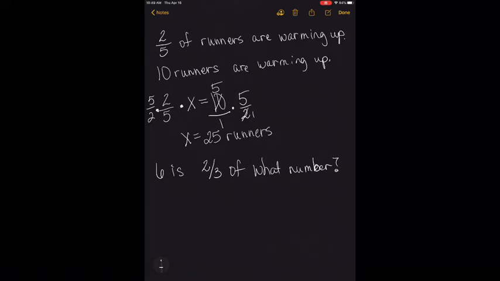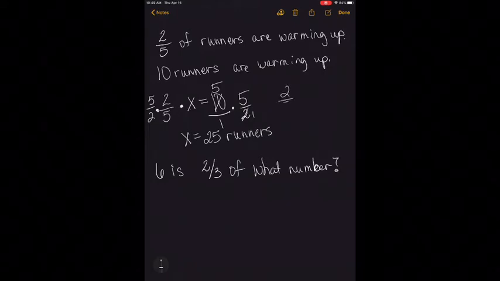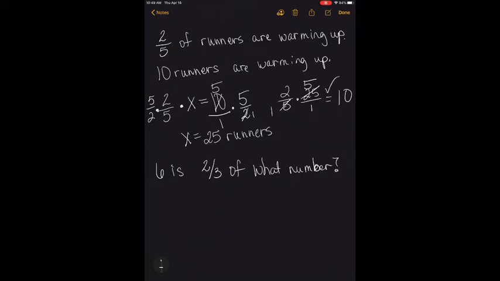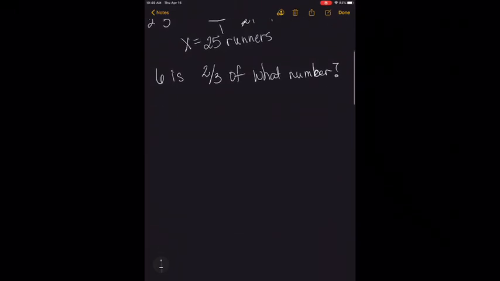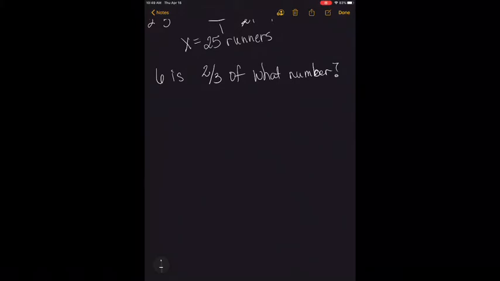So if you think about it, we're saying 2/5 of all the runners, so 2/5 of 25 is 10 runners. And let's just check it. 2/5 of 25 equals 10. Well, this becomes a 1, this becomes a 5, and we know that 2 times 5 is 10, so it checks out.